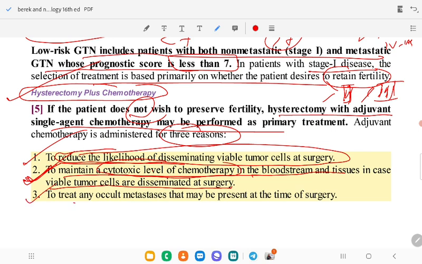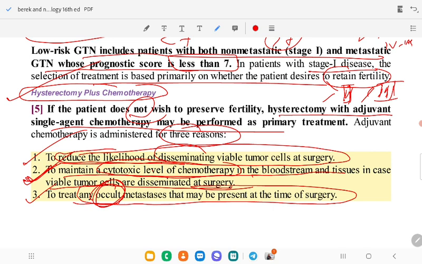The third reason is to treat any occult metastasis present at the time of surgery. To treat occult metastasis, one is to reduce the likelihood of disseminating viable tumor, and if at all it is disseminated, then the maintained cytotoxic level of chemotherapy will deal with the rest of the viable tumor and occult metastasis.